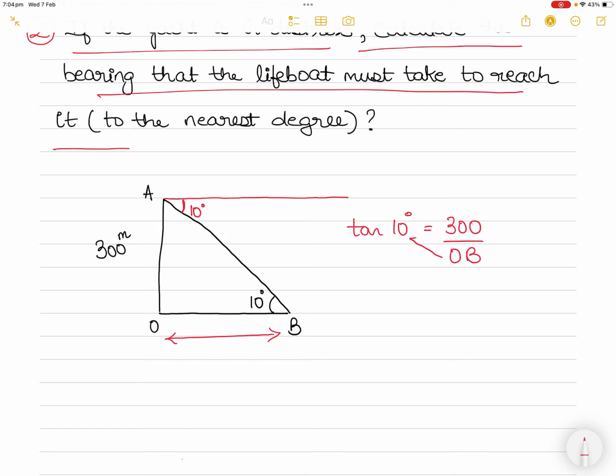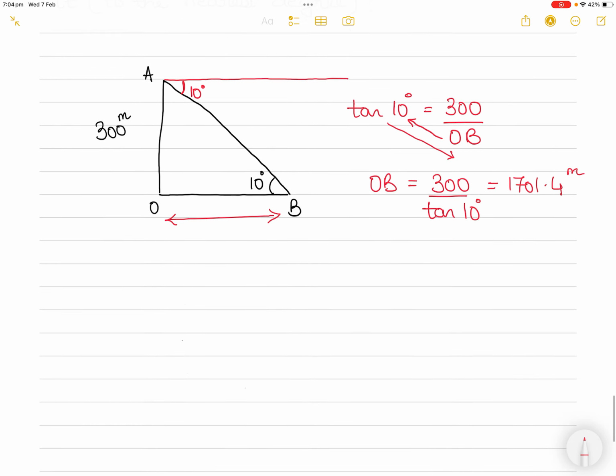So just transpose OB to this side here and bring tan 10 degrees to the base here. So we have OB here and we have 300 times tan of 10 degrees. So you can put these values in the calculator and you will get 1701.4 meters. Now because it's 300 meters, the answer I will be getting is in meters as well. Alright, now this is the case of the boat.